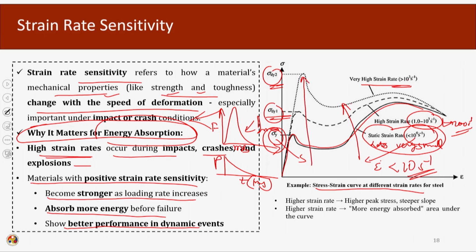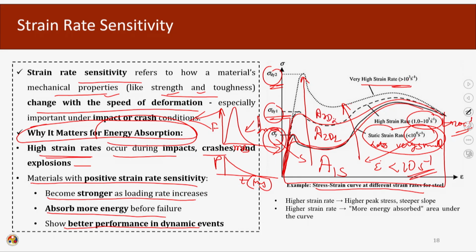We can also see a slight increase in the Young's modulus. The material is becoming tougher and tougher. If you look at the total area under this curve and compare with the static case, we can call this area 1 static, area 2 dynamic 1 and area 3 dynamic 2.